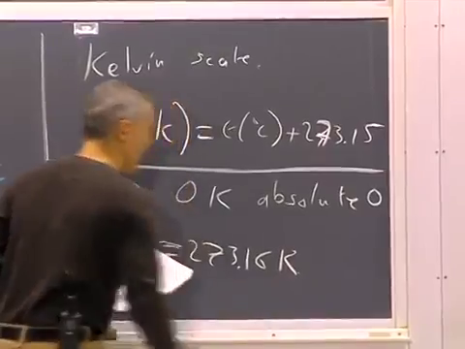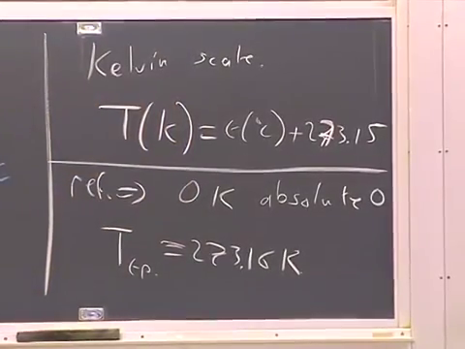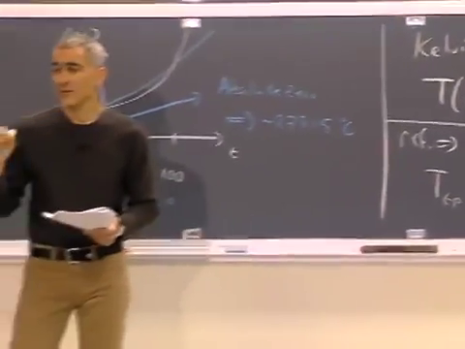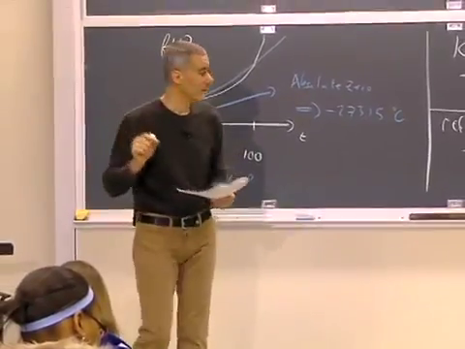273.16 degrees Kelvin. And the triple point of water is that temperature and pressure. There's a unique temperature and pressure where water exists in equilibrium between the liquid phase, the vapor phase, and the solid phase. Okay?